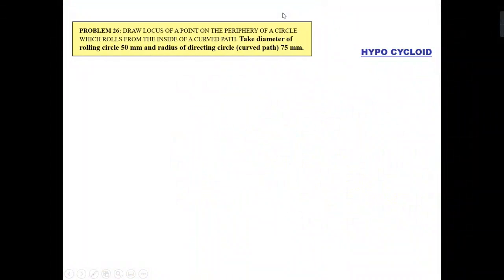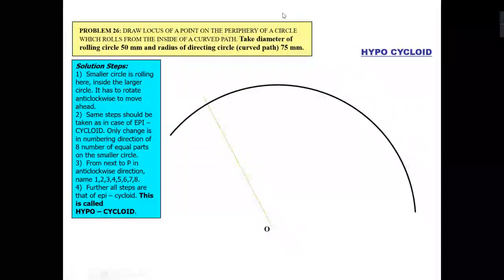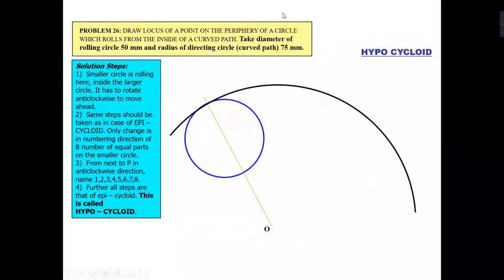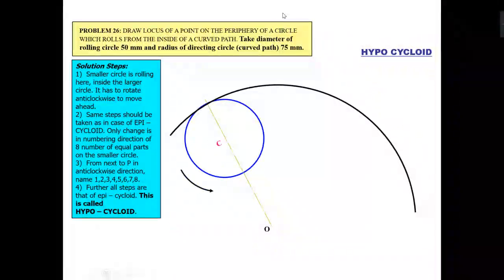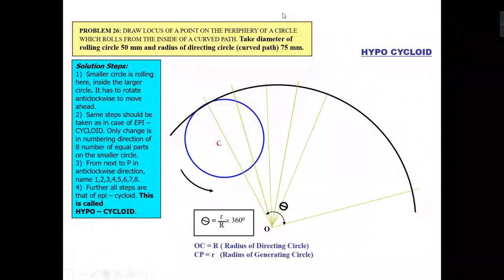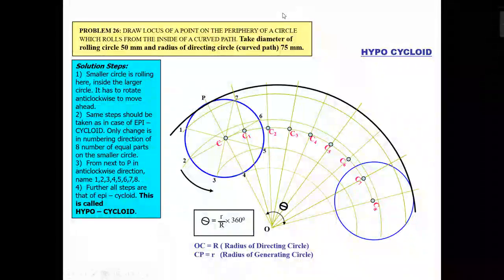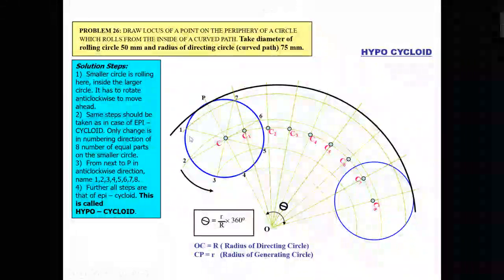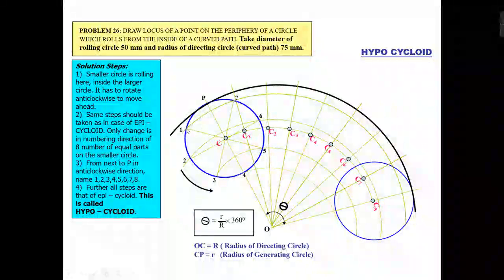In a similar way you can also draw the hypocycloid. This is your same question, but the circle is moving inside the directing circle. That is the only difference, so the procedure is the same. Now you can see here your circle is moving in that direction. Your point 1 will be here, then 2, 3, 4, 5, 6, 7.